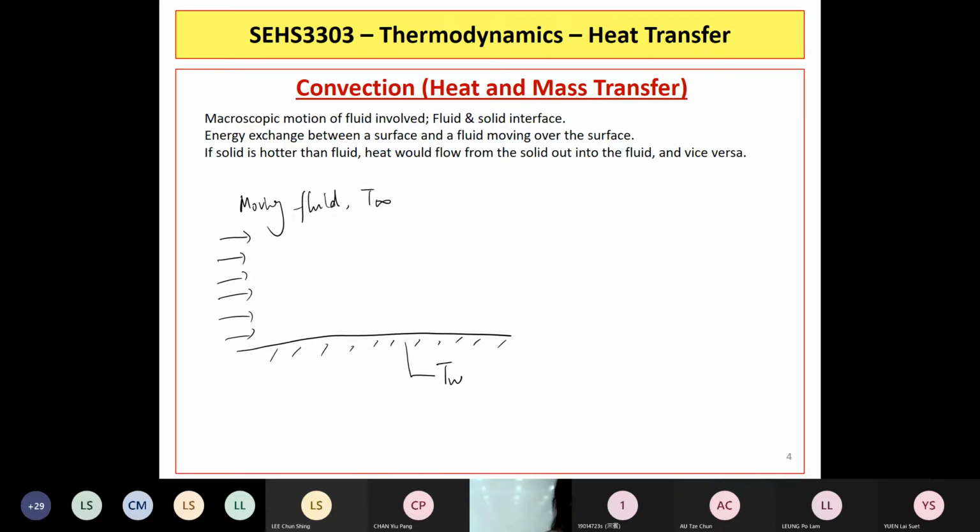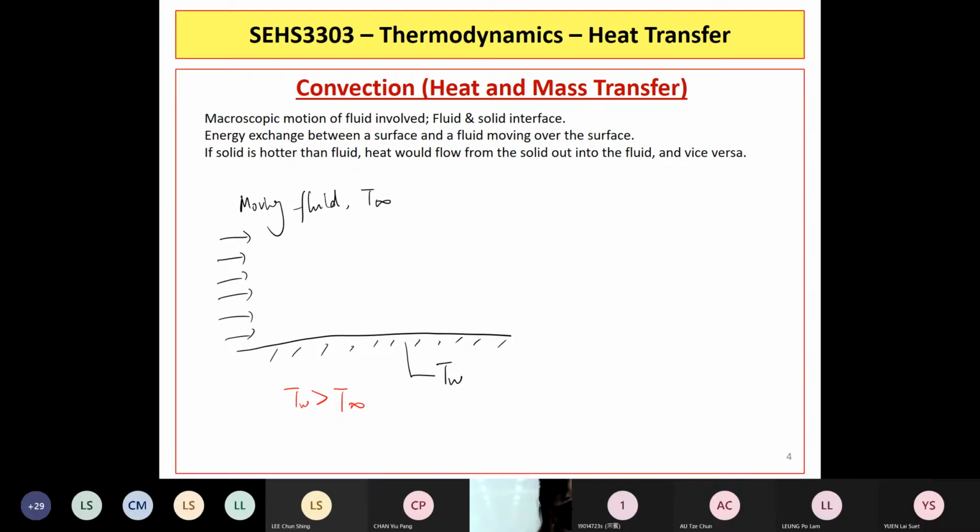The surface can be cooler than the fluid, or hotter than the fluid. In this case, let's say the solid is hotter than the fluid, so TW is larger than T∞.